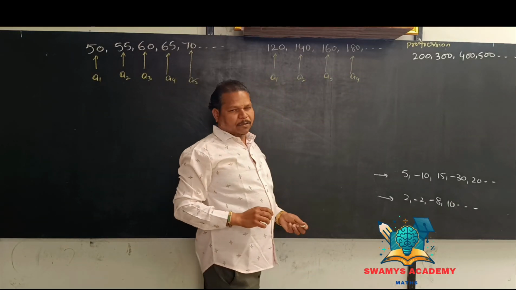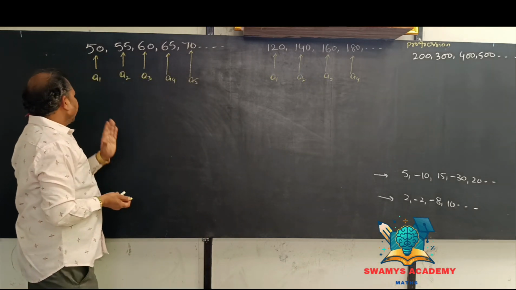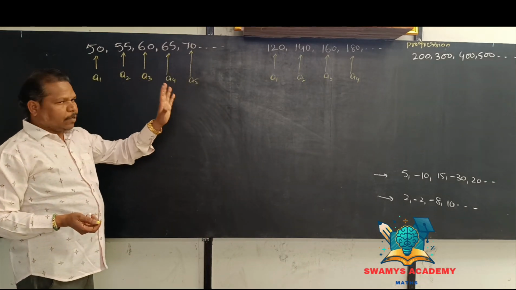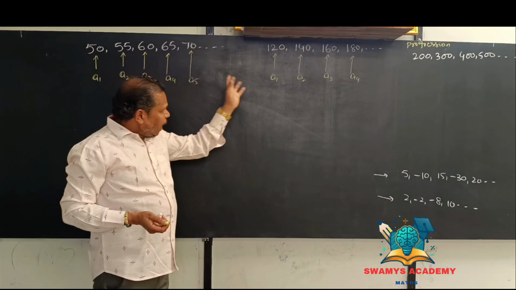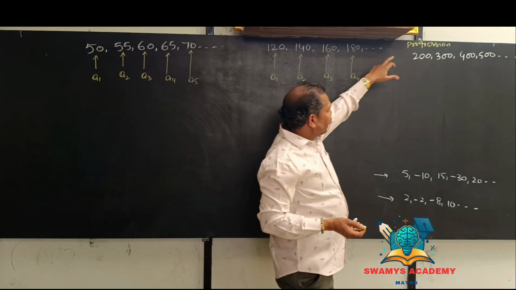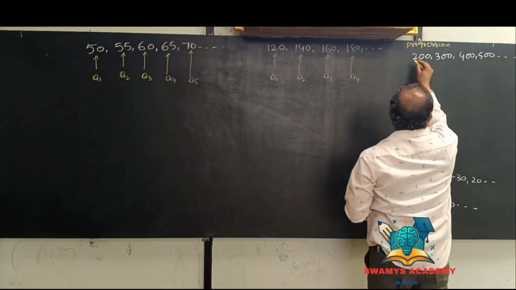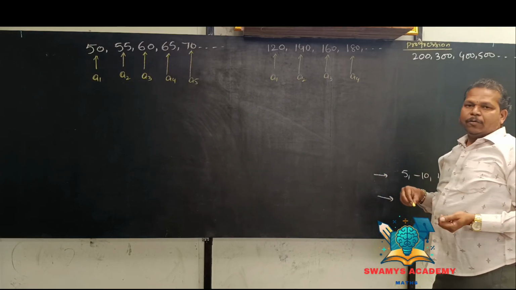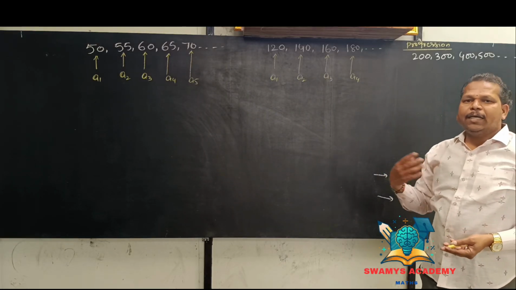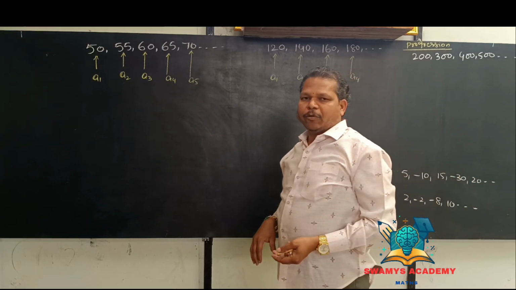If it is orderly arranged by a definite rule, it is called a progression. Many types of rules will be there, and according to the condition satisfied, we call it a progression.